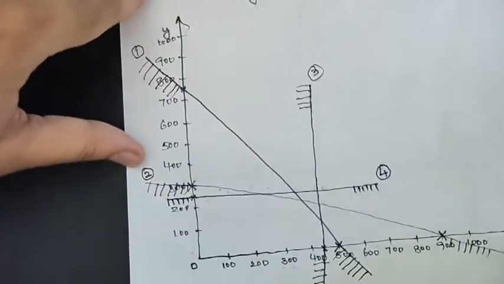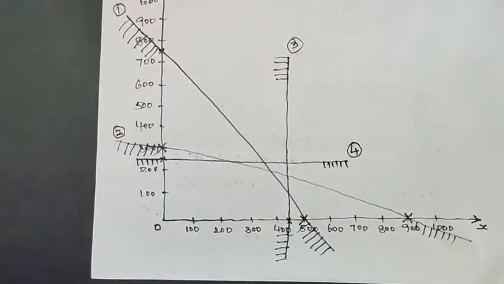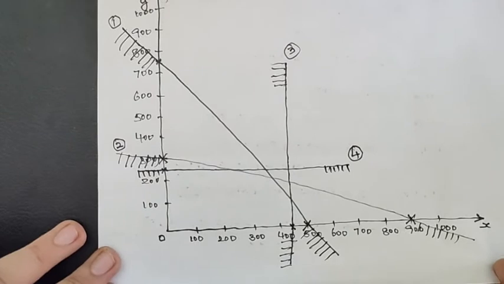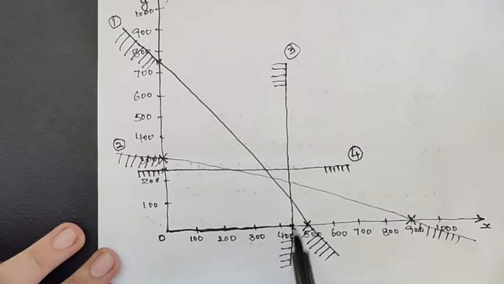Now we need to identify the common feasible region. So how to identify the common region for the 4 constraints? So now I am starting from the origin point. So I am moving in this way. So there will be no problem. And again I am having a doubt whether I need to move forward or I need to move upward.